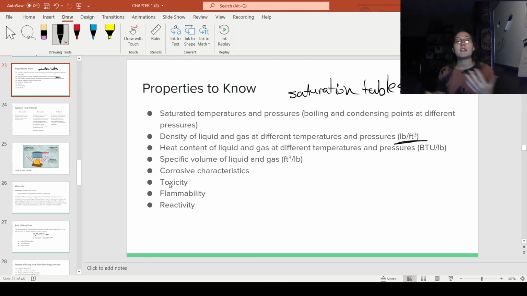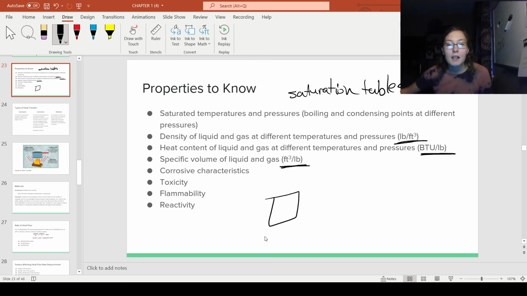You need to know the heat content of liquid and gas at different temperatures and pressures in BTUs per pound. You need to know the specific volume of liquid and gas in cubic feet per pound. How much space does it take up per mass? Like air is going to have a higher specific volume.